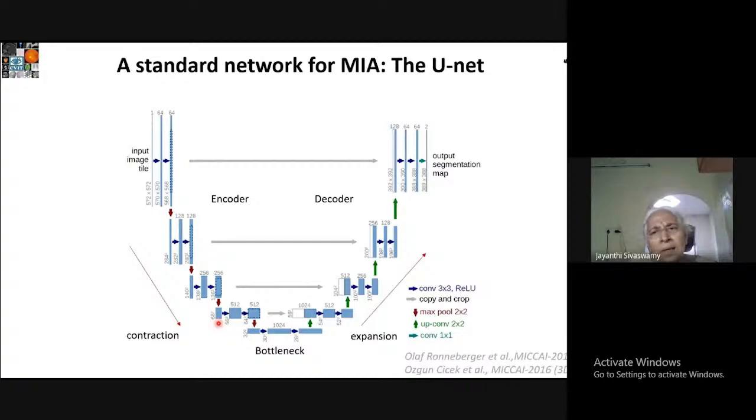So it will be a final layer, which is converting this map into a binary label. And so this is basically doing an expansion. Now these lines are showing basically that I take the image here and copy and crop and add to it. So this thin line shows that I'm actually adding this. So these we call skip connections. And so these are what we call max pool connections and so on.